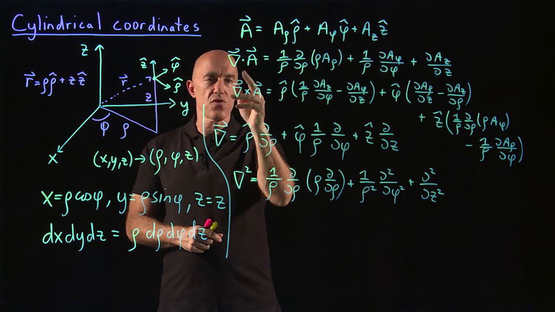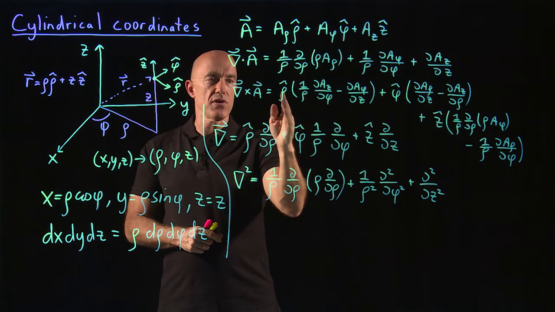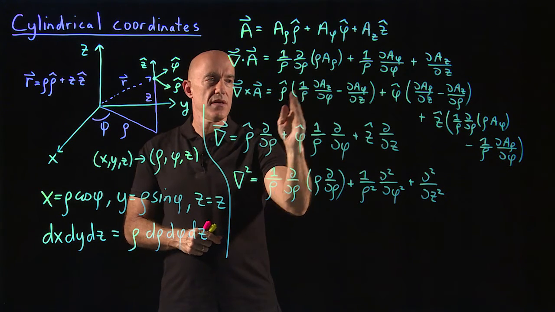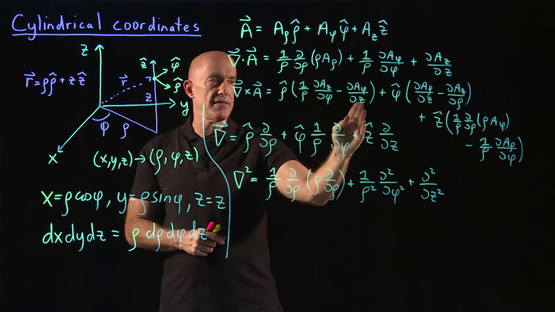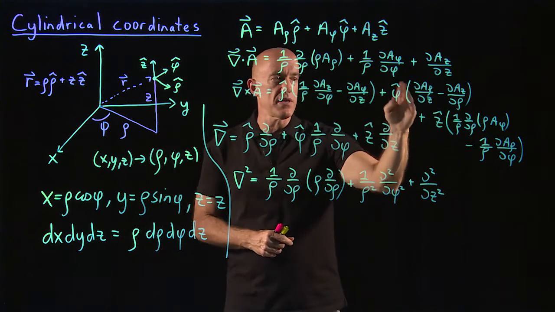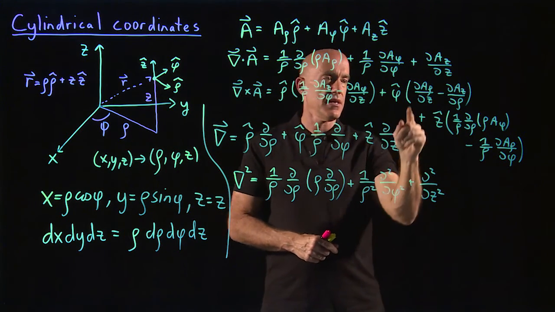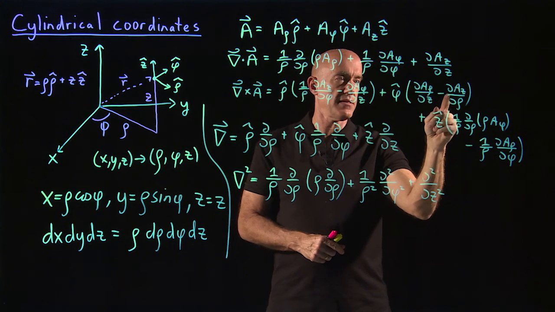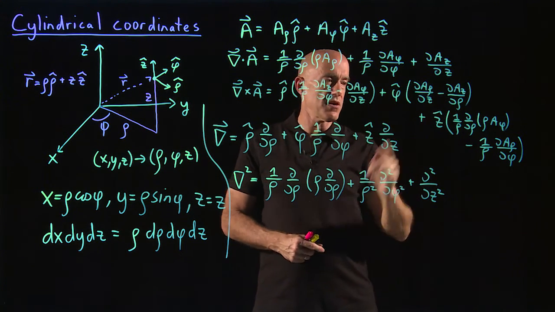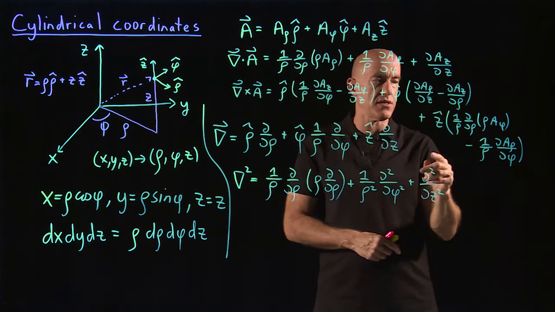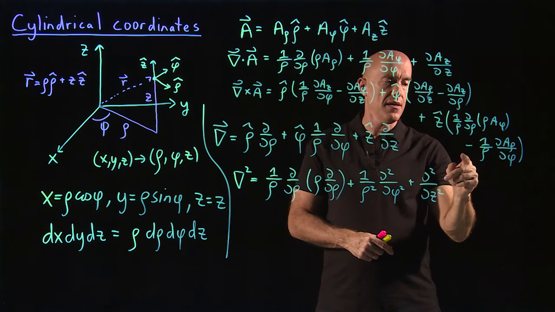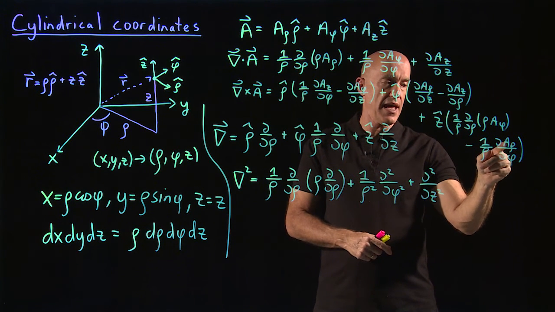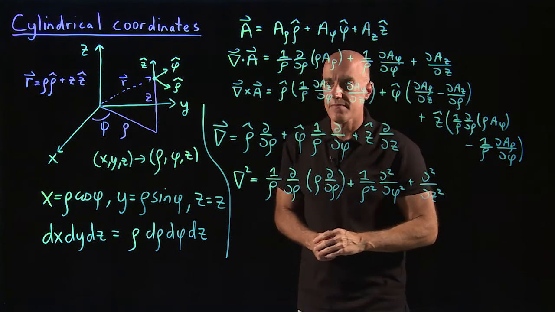So the del cross A, the component in the rho hat direction, is 1 over rho dAz d phi minus dA phi dz, plus the component in the phi hat direction is dA rho dz minus dAz d rho, plus the component in the z hat direction is 1 over rho d/d rho of rho A phi minus 1 over rho dA rho d phi. Okay?